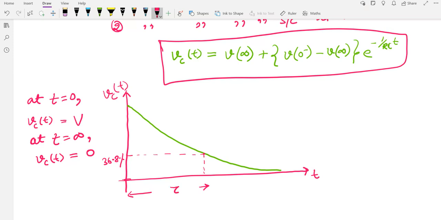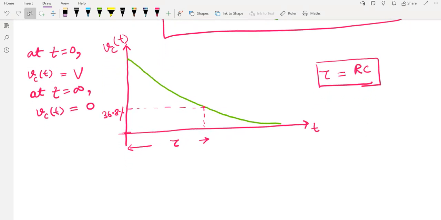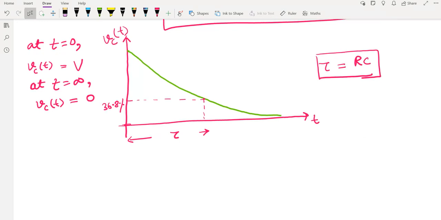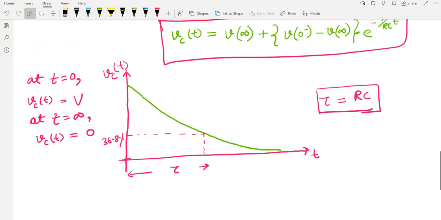And this time constant tau is nothing but RC. This is an important point to note down. So in an RC circuit, the time constant tau is nothing but the time taken by the voltage of the capacitor to degrade to 36.8%. Okay, so this is the voltage plot of the capacitor.